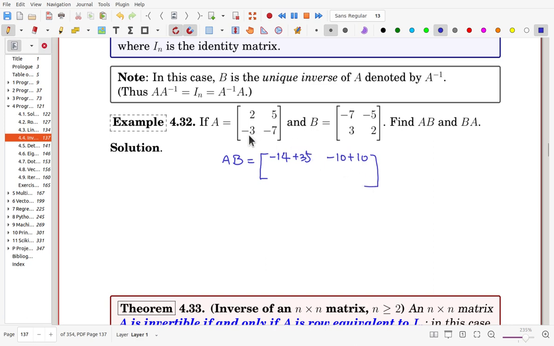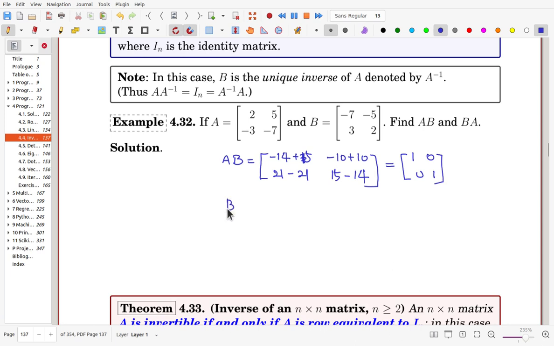Second row, first column: 21 minus 21. And second row, second column: plus 15 minus 14. Okay, this one is 14, that must be 15. So that is 1, 0, 0, 1, which is the identity matrix in 2 dimensions.